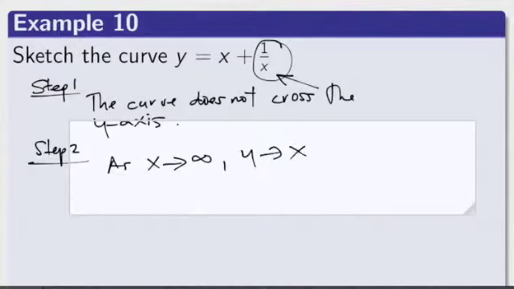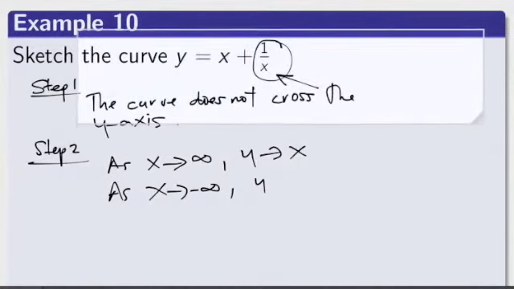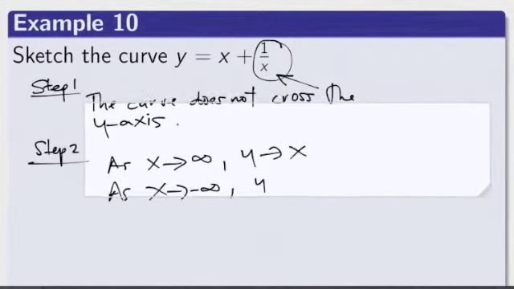As x approaches minus infinity, y still approaches x because 1 on x approaches 0.